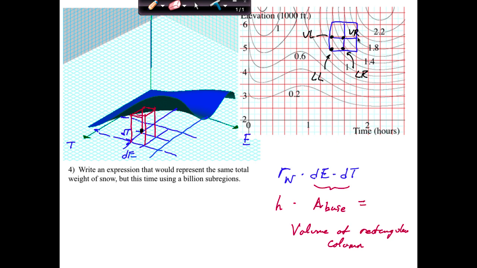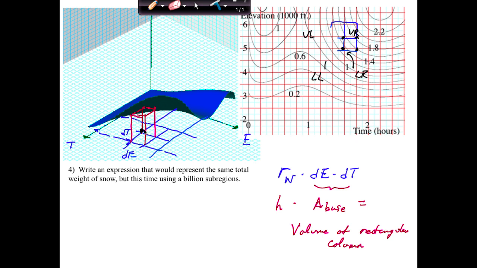So I'm showing this one on the picture. Is this the box that I drew with the red box? Okay, so this is lower left. This is lower right. Upper left, upper right.